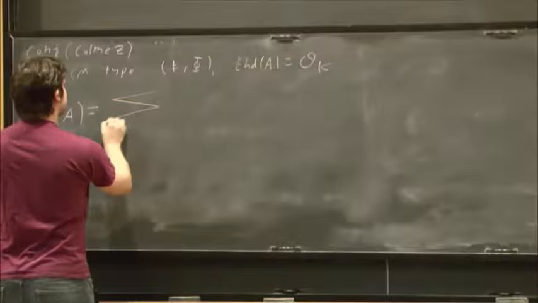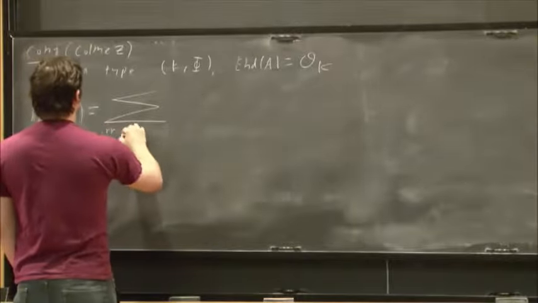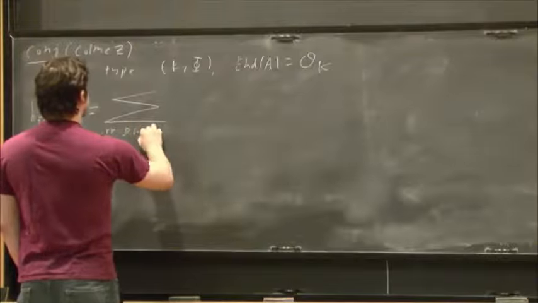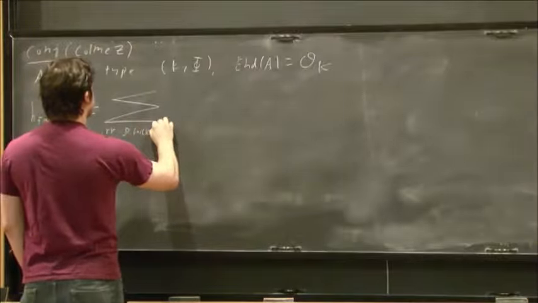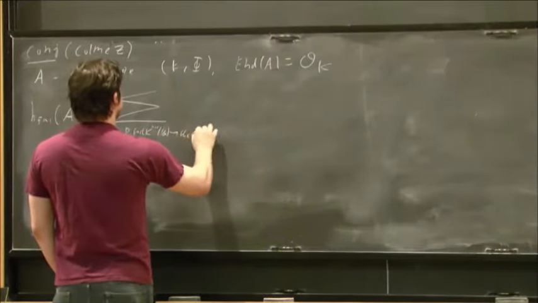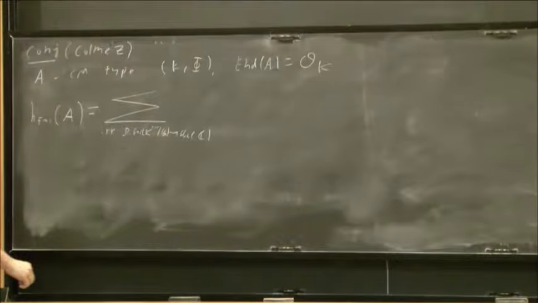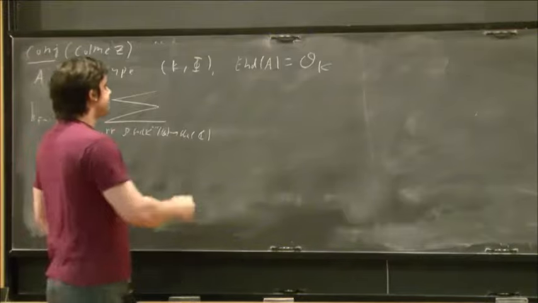You take a sum over irreducible representations rho from the Galois group of the normal closure of K over Q to some GL_n(C). So you sum over all irreducible Artin representations.